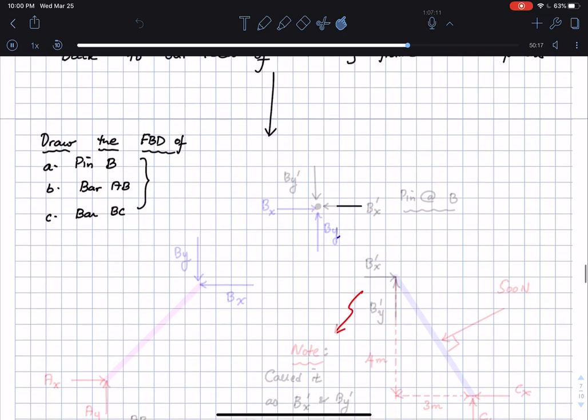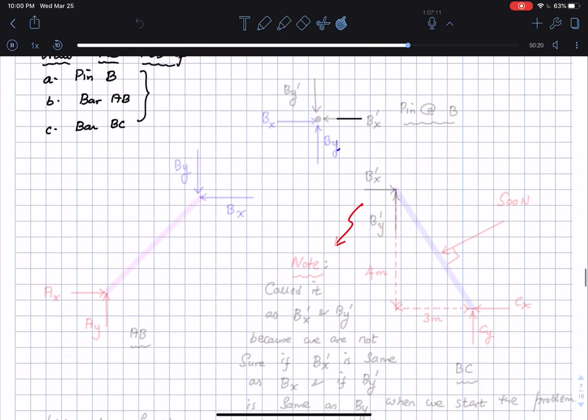So if I now draw the bar AB, so here is the bar AB, then I'm going to have the bar BC, which is going to be drawn here. Okay, and then there's going to be the pin at the point B. And you also have the pins at the point A and C, but I'm not necessarily going to be drawing that because I know that the forces are pretty much the same at the pins A and C in terms of what they're going to be giving us, AX and AY and CX and CY.